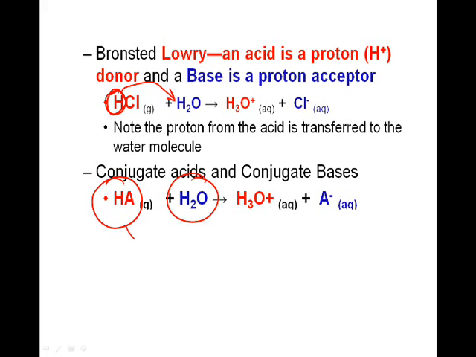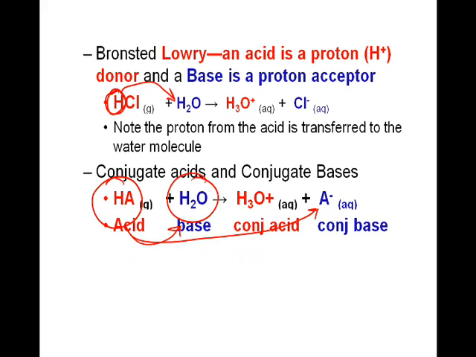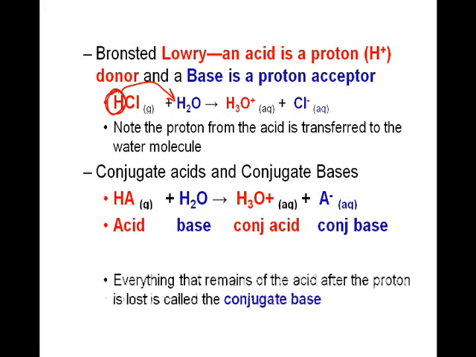The acid is the proton donor, the base is the proton acceptor, and the particle that remains after the acid has lost its proton is called the conjugate base of that acid. Those are the terms you want to be familiar with, and there are a couple of examples here. You'll look at the examples in the assignment as well.